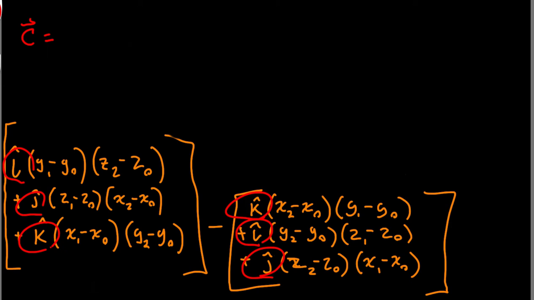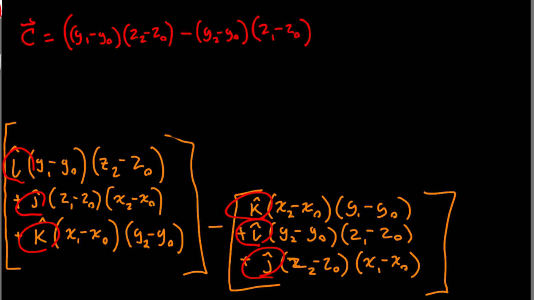So we have, and I'm going to put the unit vectors at the very end, I'll just use large brackets here, (y1 minus y0) times (z2 minus z0) minus (y2 minus y0) times (z1 minus z0). And that is our i term. Okay, so that's our first term.